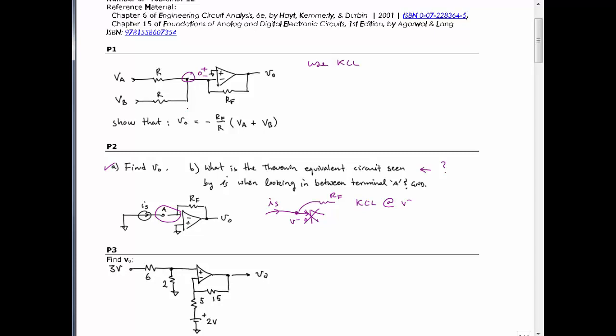And because the non-inverting input is grounded, we can say that the V minus voltage is going to be 0. So the current flowing in from source VA is simply going to be VA minus 0 over R. So in the end, you actually have a current that is flowing in here. You could think of it as a current source, although it's not. It's made of a voltage and a virtually grounded resistor.